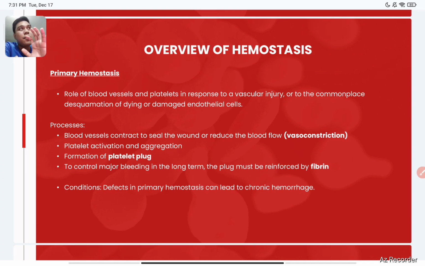Ito yung kumbaga, when we are constructing a house, ito yung kumbaga palitada para ma-strengthen yung na-form na platelet plug. So conditions, defects in the primary hemostasis can lead to chronic hemorrhage as seen in patients with hemophilia.